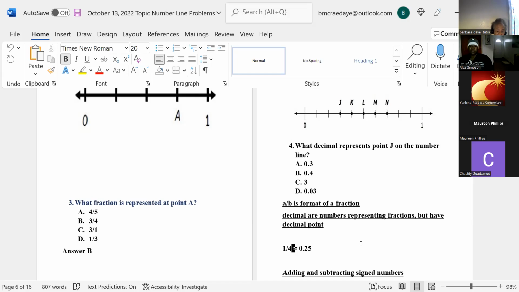How many 20 cents are there in a dollar? 5. So 5, it would be what? 1/5. 1/5 is 0.20. Let me just put it here.